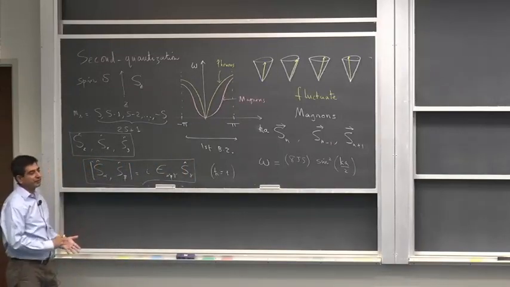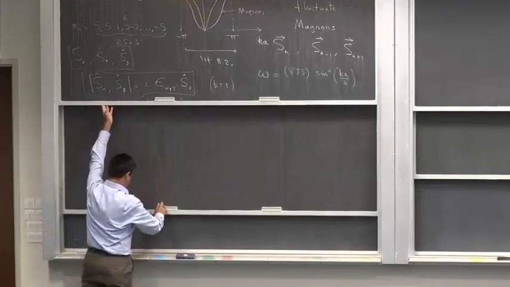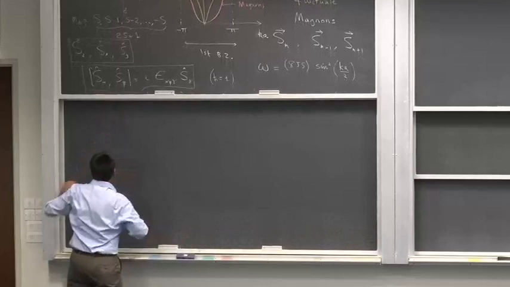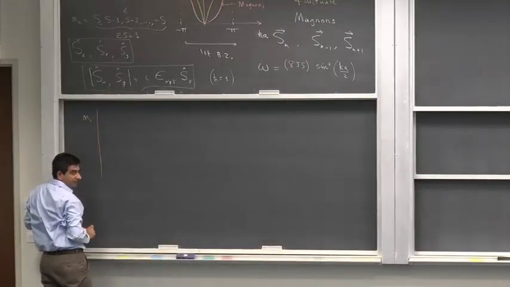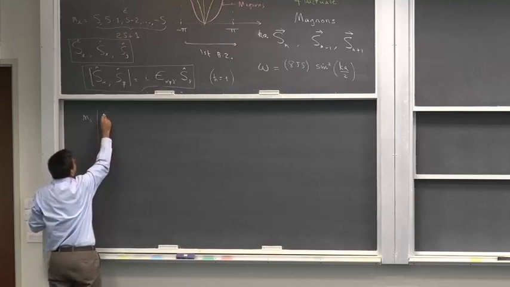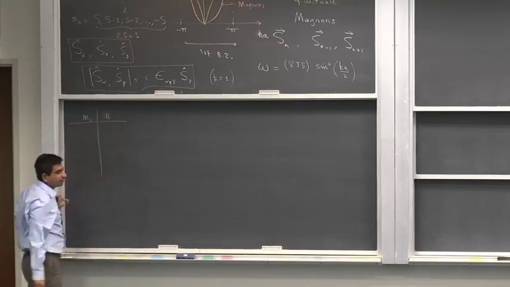Now we've also noticed that if I make a table between ms and the number of Magnons, let's see what happens.